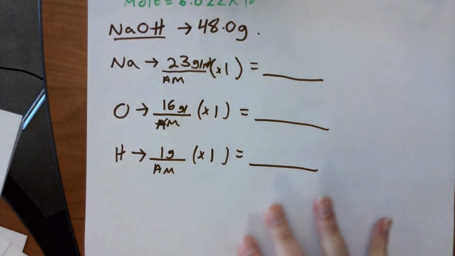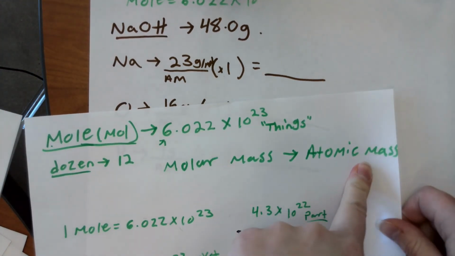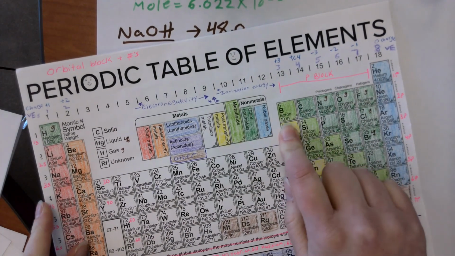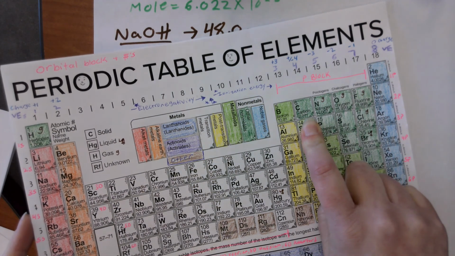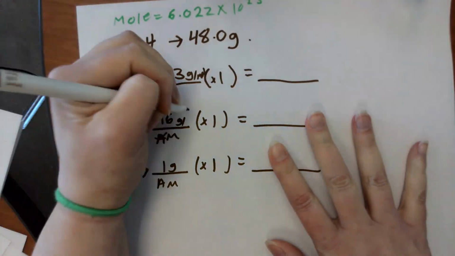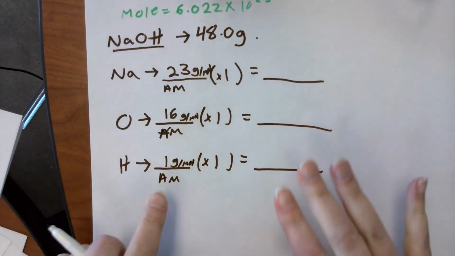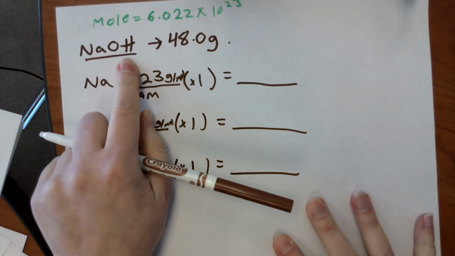Because remember, our molar mass is connected to our atomic mass. 1 mole of any of these is their atomic mass. So grams per mole, grams per mole. We have 1 of them in here, which means we have 1 mole of that.